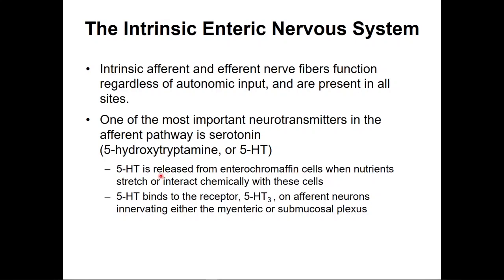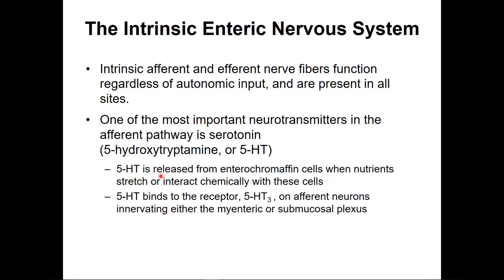I just want to reiterate that 5-HT is released from enterochromaffin cells. First of all, that is different from the ECL cells in the stomach, which are enterochromaffin-like cells. We're not talking about the stomach here, we're still talking about the small intestine.